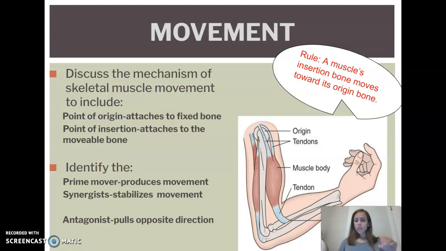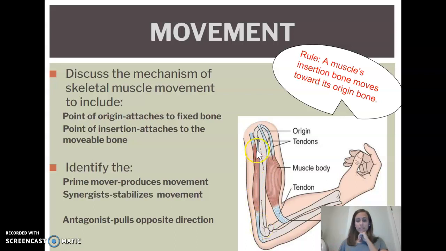And then we have this word antagonist muscle, and basically that is a muscle that is on the opposite side of the joint. So you can see on the anterior surface of the arm, we have the biceps. On the opposite side, the posterior side of the arm, are the triceps muscles back here. So those are going to be the antagonist muscle.